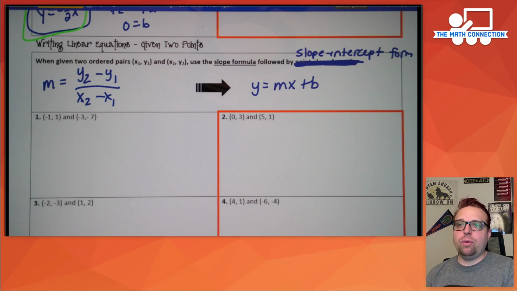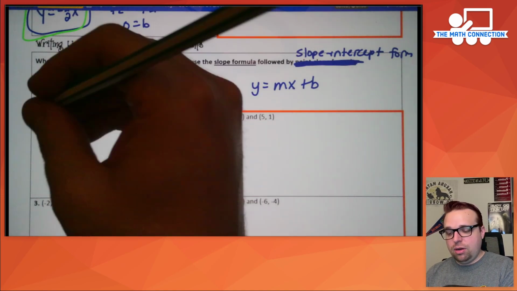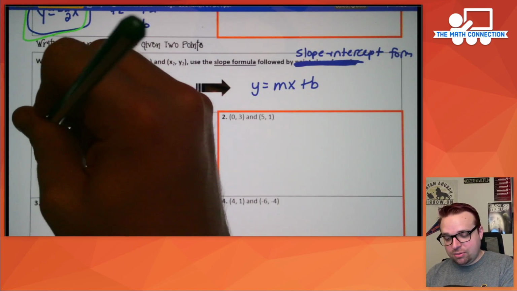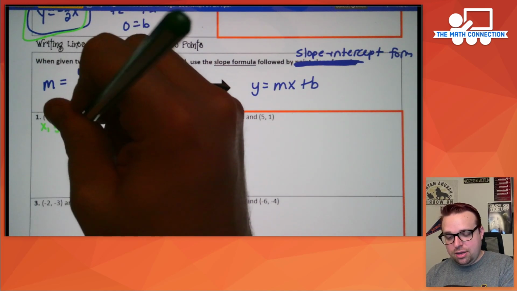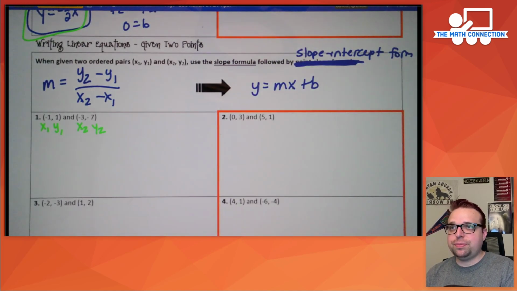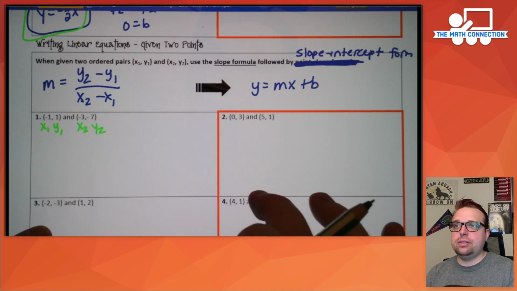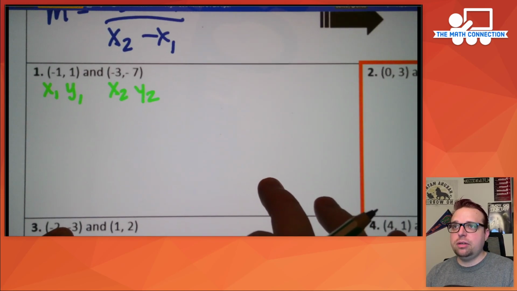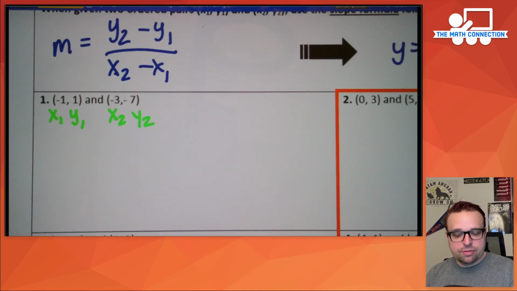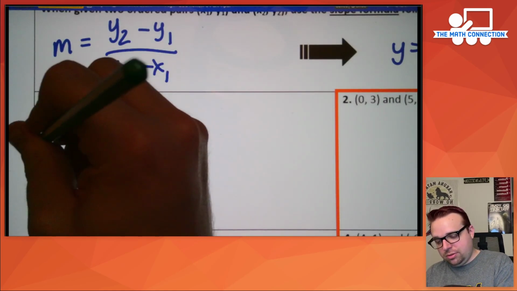Then we can make an equation with both pieces, because we need m and b. That's the whole point of all this. This is going to be x1, y1, x2, y2. I'm going to zoom in so you can see this a little better. Okay. First things first, let's find the slope.